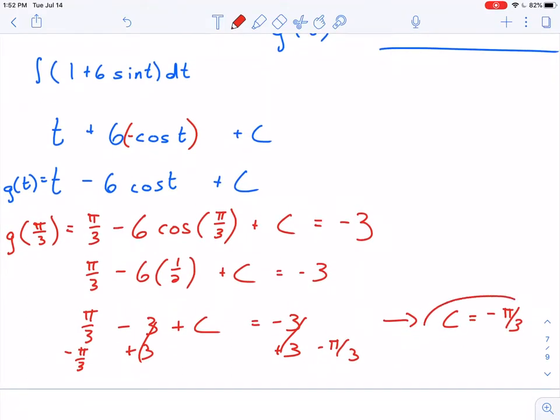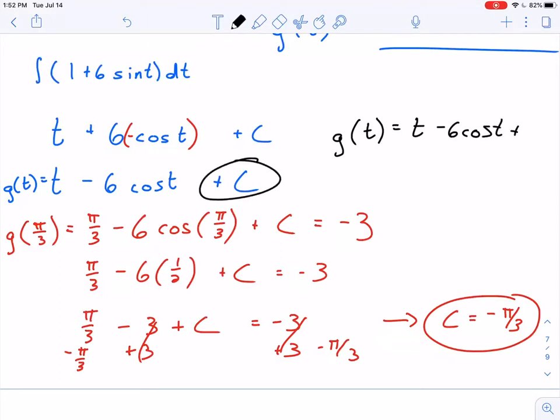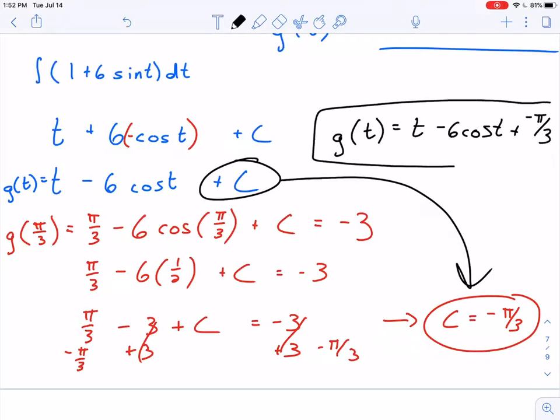I still need to take this and plug it back into the function that we found earlier. So my answer here, the solution to this problem, would look like g of t is equal to t minus 6 cosine of t. But rather than have this plus c, we said that c is equal to negative pi over 3. So plus negative pi over 3. Or, of course, you could write minus pi over 3. And this is what we are looking for.